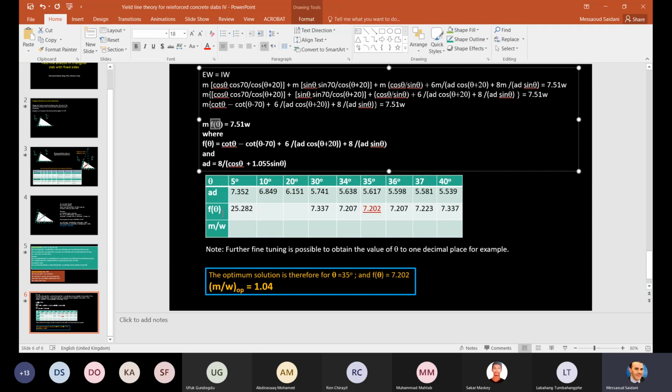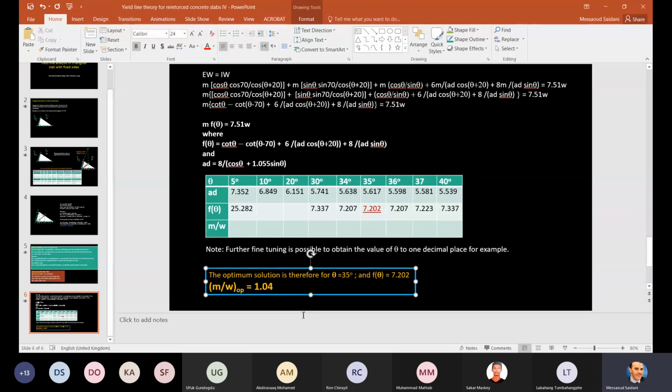So that gives you an m over w, which will be 7.51 divided by 7.202, giving 1.04. So m over w is 1.04.